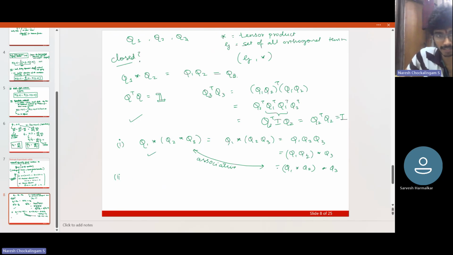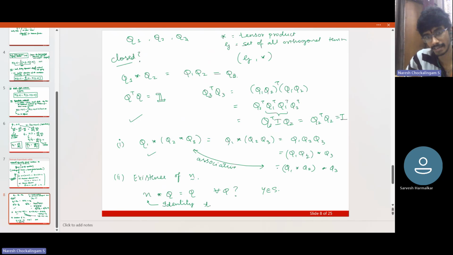What about the second condition? Existence of a neutral element n. Is there an element such that n star Q is equal to Q for all Q? Is there such an element? The answer is yes. It is the identity tensor.